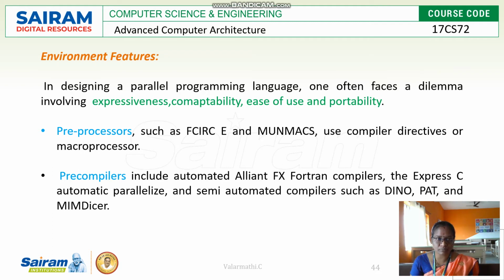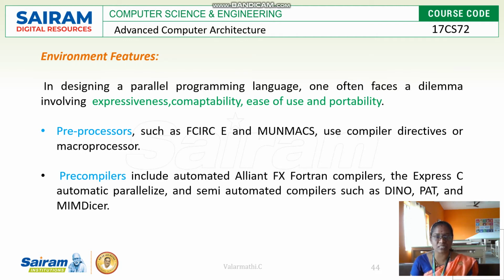Move on to the environment features. The environment should have the capability of expressiveness, compatibility, and portability. These qualitative factors should be imposed in one environment. What are the technologies that should be included in the environment? First one is preprocessors, another one is pre-compilers.